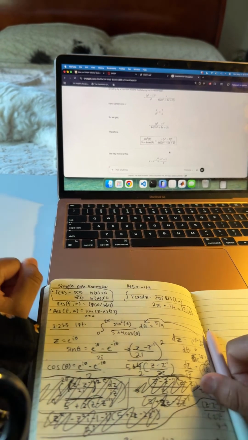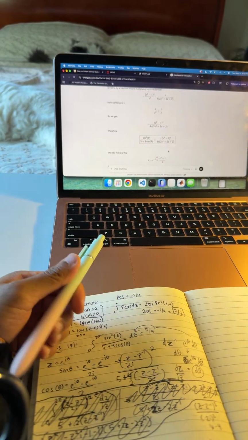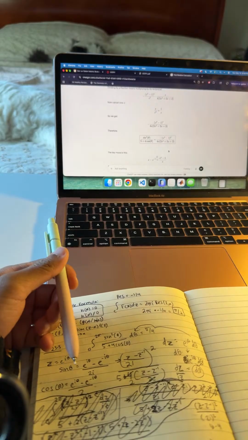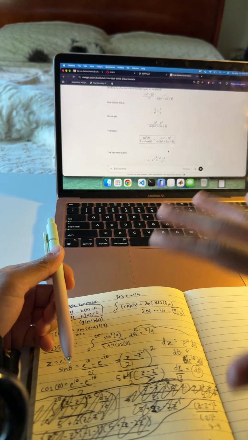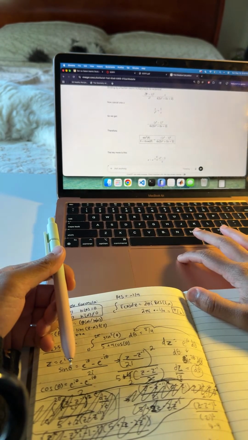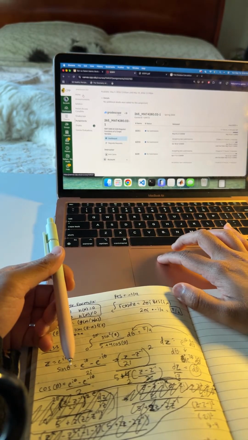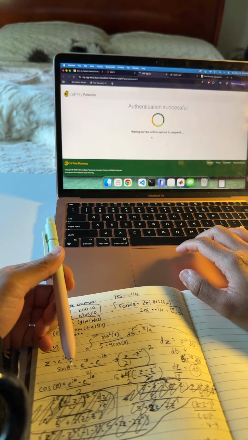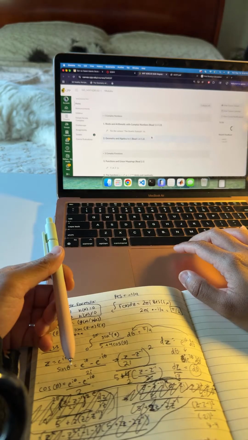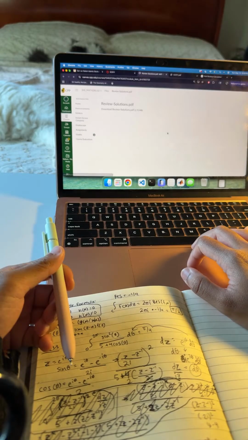Okay, this is what I'm going to do. I'm going to stop trying to do this problem and focus on the real assignment, the final review, which is this one.